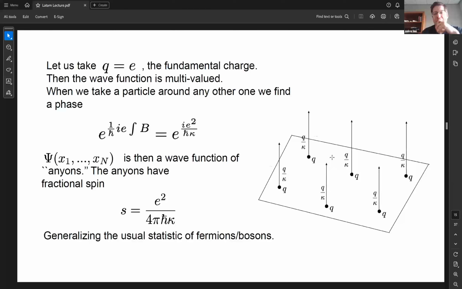So the reason that it's believed to be crucial for quantum computers is because the long-range interaction here is very robust. Even if there are some interactions with the environment, maybe the environment can damage some stuff that's local in one of the charges, but this long-range interaction, which is through the total magnetic flux, and since the magnetic flux is quantized, is really not something that you can easily destroy.